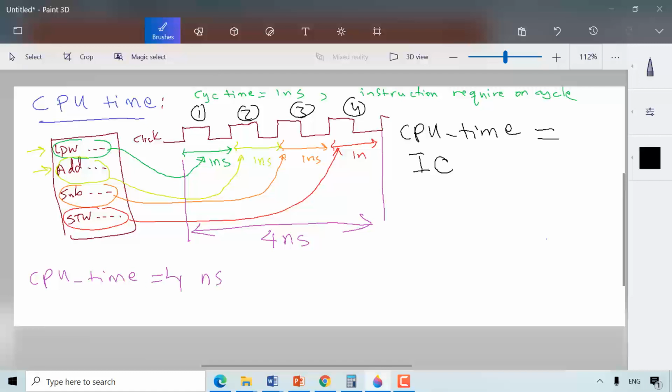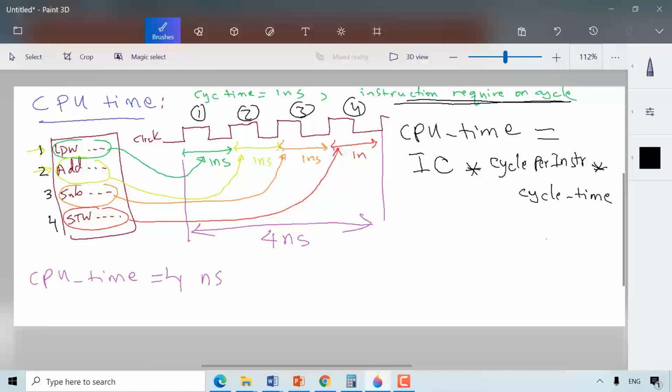In this example, the instruction count is how many? 1, 2, 3, 4 instructions. Instruction count times cycles per instruction. In my example, I'm assuming every instruction requires one cycle. Times what? Times the cycle time.